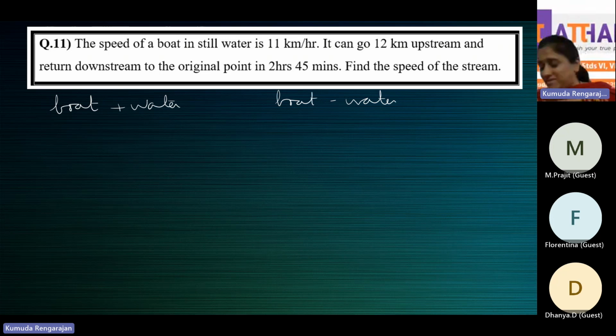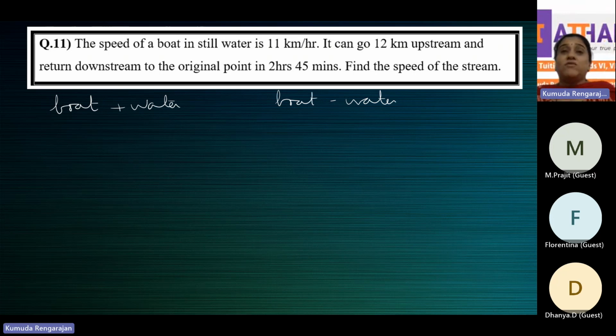But now suddenly for some reason you fought, and now you're going in the opposite direction. So the wind is not going to help you. Your speed is 5, the wind speed is 1. 5 minus 1, 4 kilometers per hour will be your net speed.